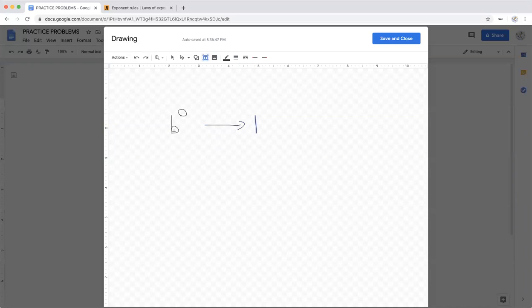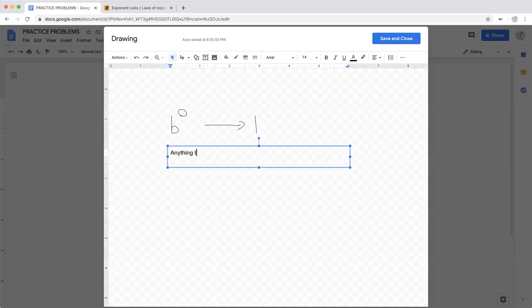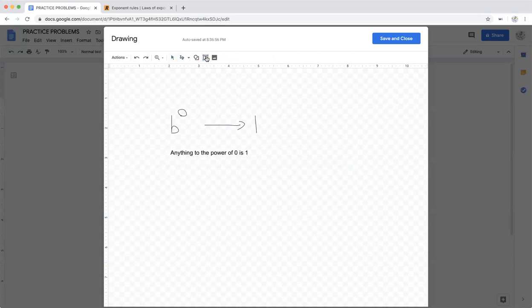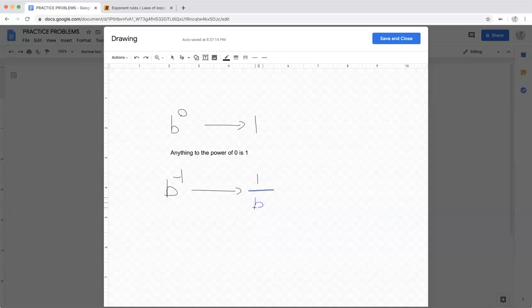So anything to the power of 0 is 1. Remember that. One more is, let me give you an example of a negative. B to the power of negative 1 would be equal to 1 over b to the 1.